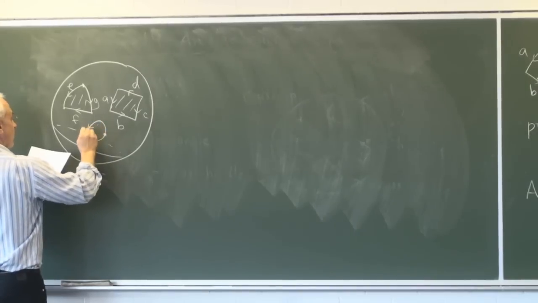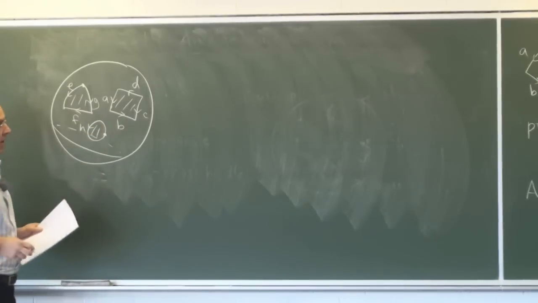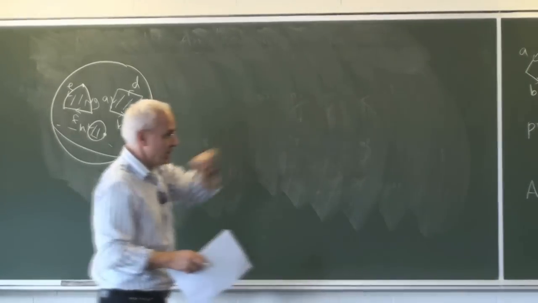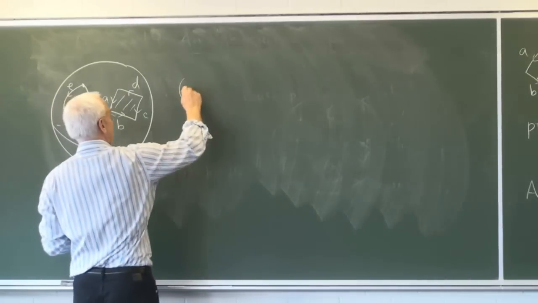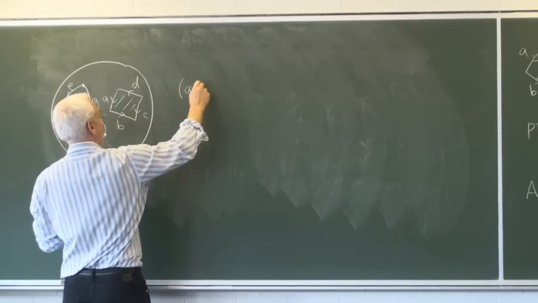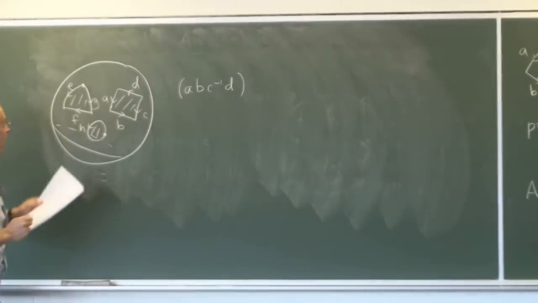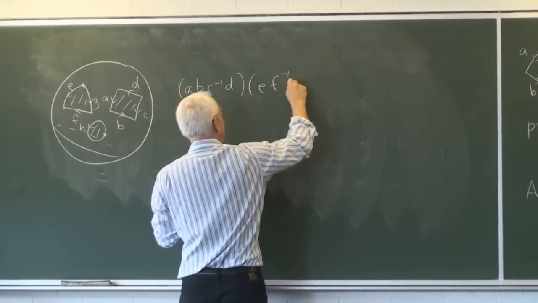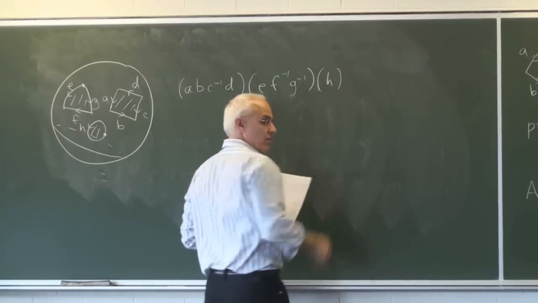Let's call it H. So now we have three holes, and we're going to represent a sphere with three holes in an extended way as we did over there. We'll write it just as a product of the individual holes. So this one here is A, B, C inverse D. That's that hole there. And this hole here would be E, F inverse, G inverse, and this hole just H.